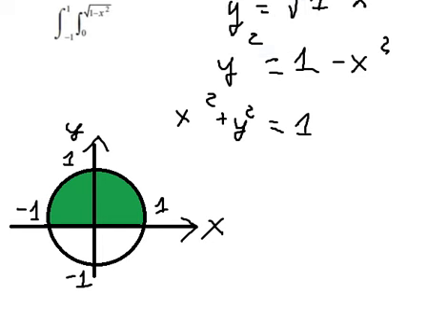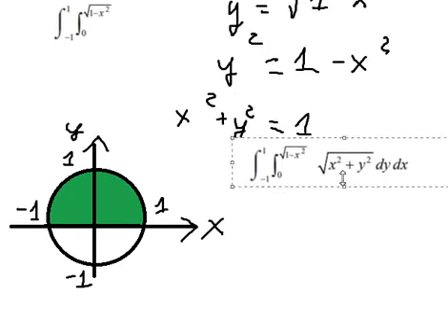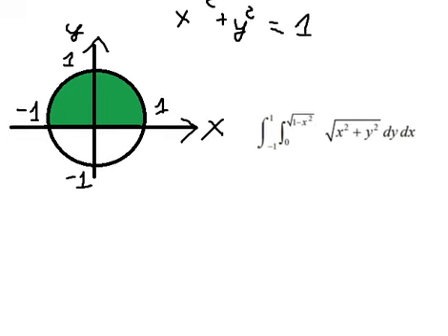Next, we need to change the double integral. This one we change for r squared. So we have the square root of r squared. Dy dx we change for r dr d theta.